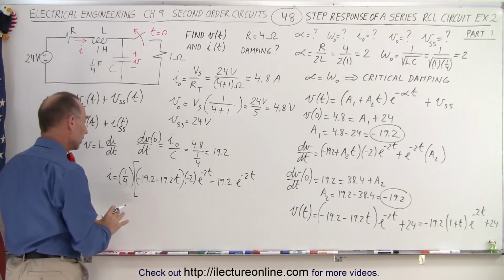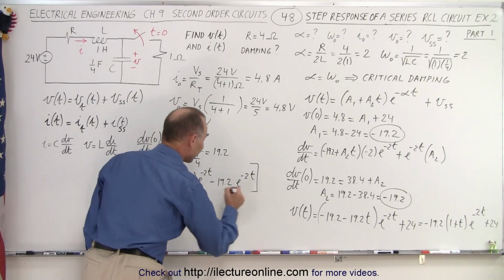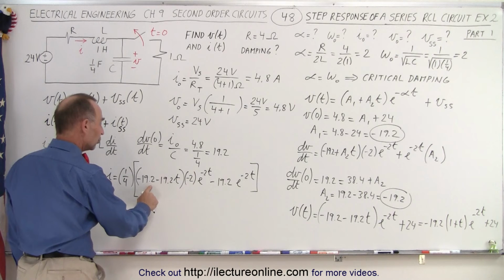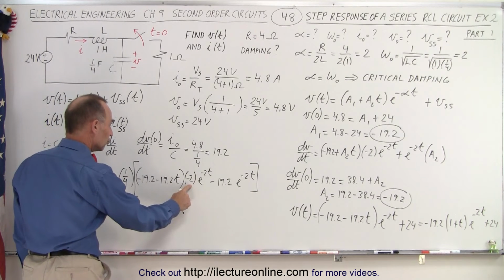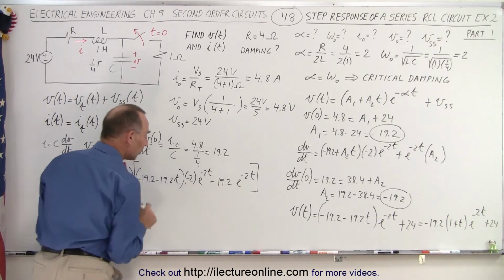Now, I think we can probably combine some things here. Let me close the bracket. So here we have a minus 19.2 times minus 2, minus 19.2, all of it times e to the minus 2t.